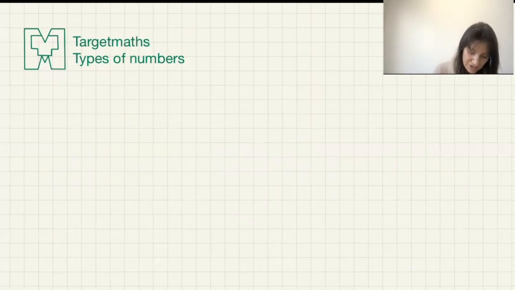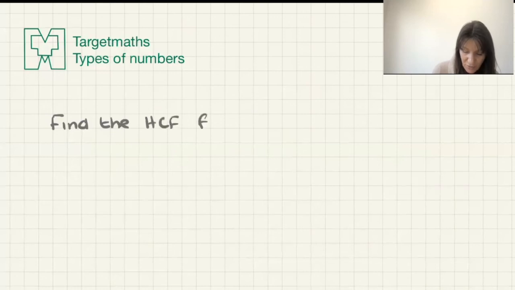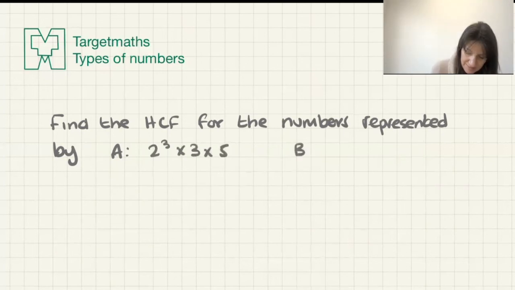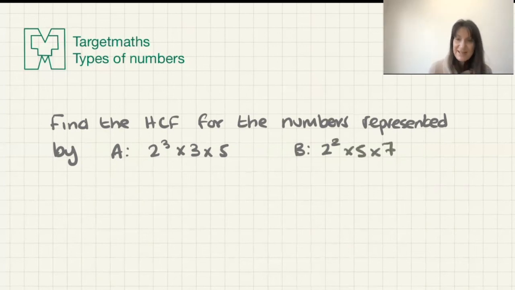So I could turn around to you and say, find the highest common factor for the numbers represented by A, 2 to the 3 times 3 times 5, and the number B represented as 2 to the 2 times 5 times 7.